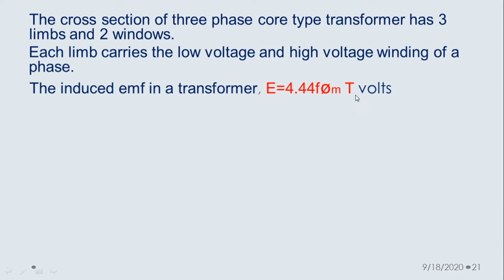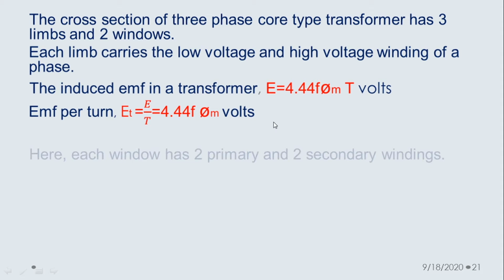T is the number of turns. That is the EMF equation of the transformer. So the EMF per turn Et is given by dividing the EMF E by the number of turns, and we get 4.44 f Φm volts.